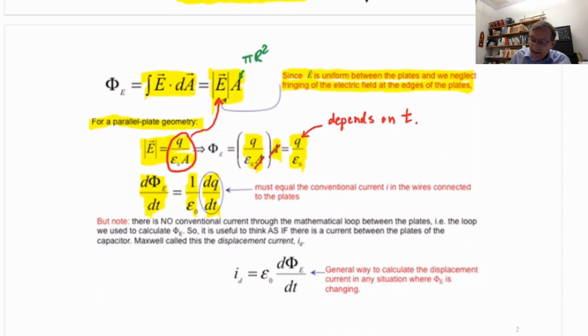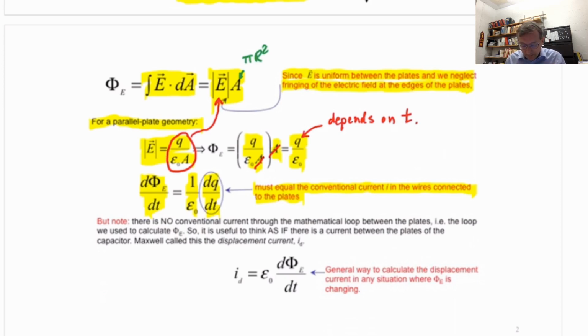Okay? So that dq dt that you see there, which is technically the rate at which the charge on the top plate is building up, is growing, it must equal the conventional current I in the wire connected to the plate. Does that make sense? Because remember, charge is conserved. It can't just appear magically.